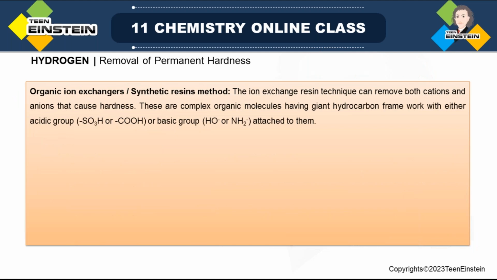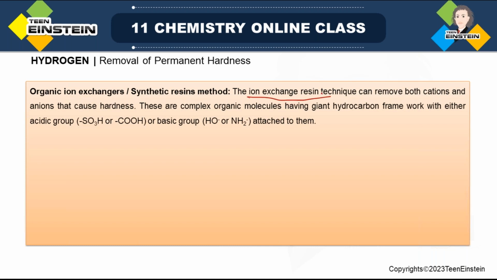Fine. There is another type of exchanger. In this case, we are exchanging Na+ with Ca2+ or Mg2+. But now there is another type of exchanger, which is the organic ion exchanger. In this ion exchange resin technique, why is it better than the previous one?